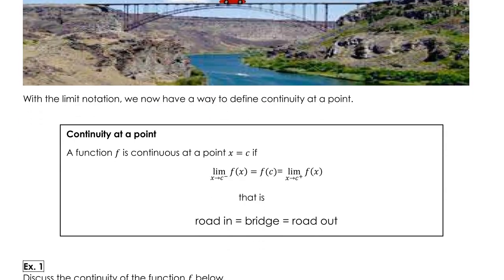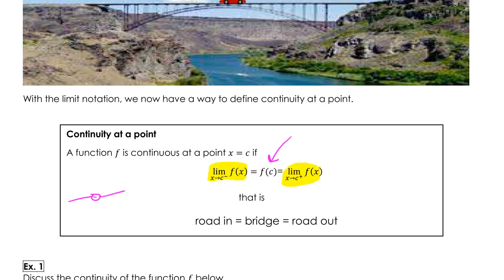Okay, so continuity. The definition is, if you remember the definition of a limit, do you remember that we needed the left limit to equal the right limit? If this was true, then the limit existed. Okay, so what this is saying is we want the limit from the left to equal the limit from the right. Now the last piece of continuity is saying, see this middle part?